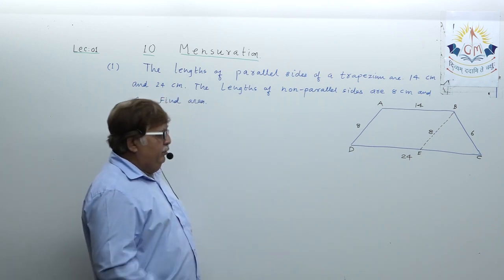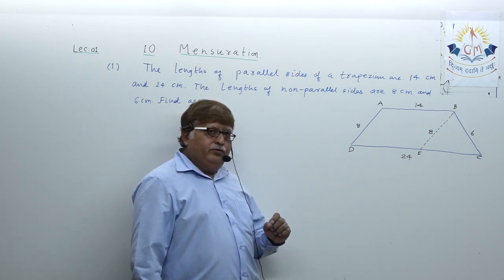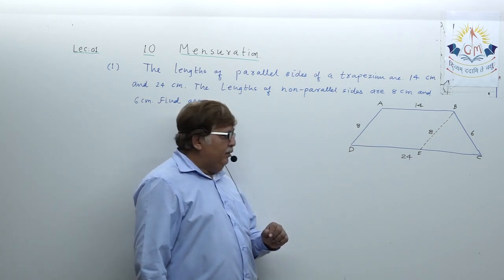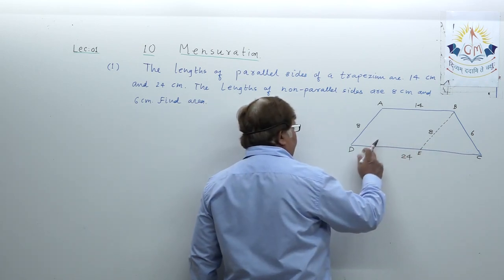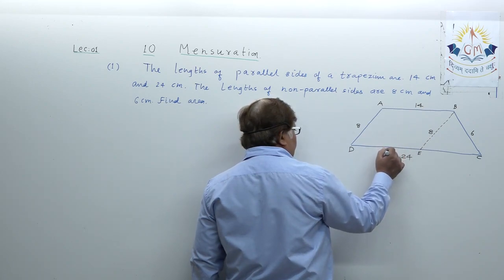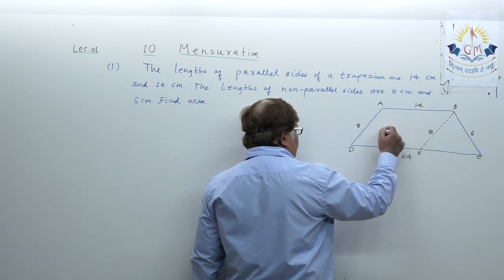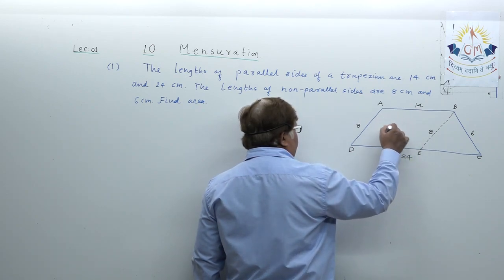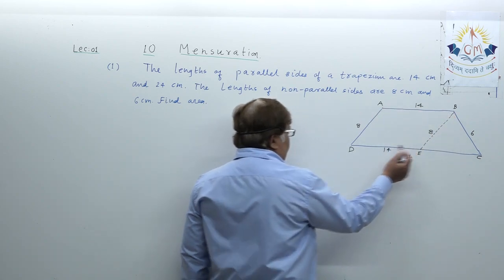Now, dear student, what you observe in diagram is that this was 24, this is 14, so this is also 14. You understood, dear student? We have constructed a parallelogram ABED.